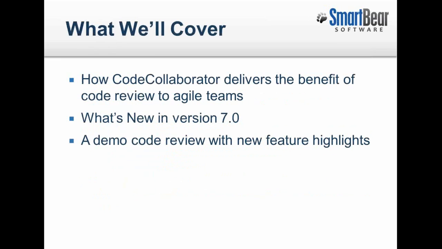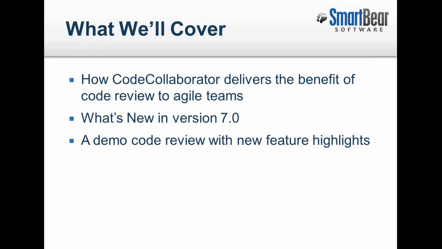I just wanted to talk a little bit about what we're going to cover. There are two main things that we want to do today. One is we want to talk about the benefits of code review generally, and what Code Collaborator brings to the table in making code reviews not simply more effective, but faster, easier, a better fit for Agile processes, and even a process that your team members will really enjoy.